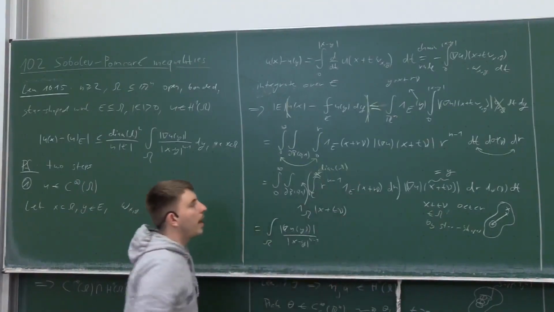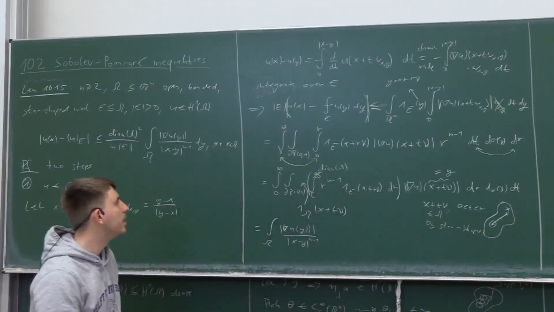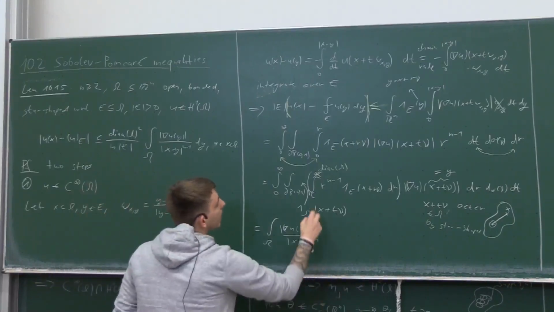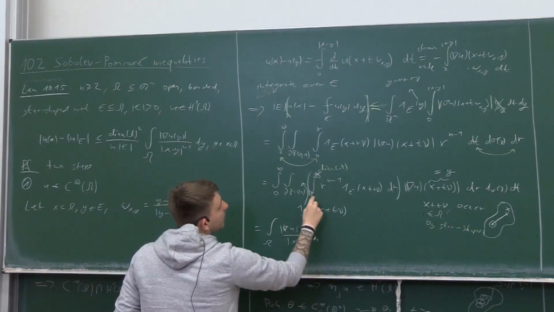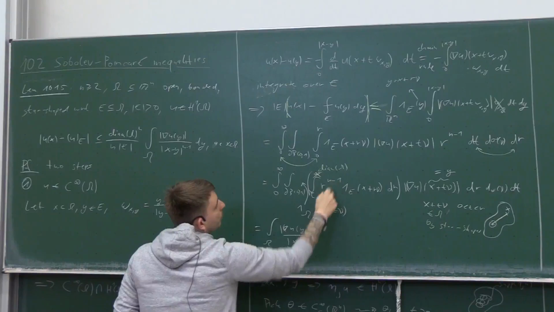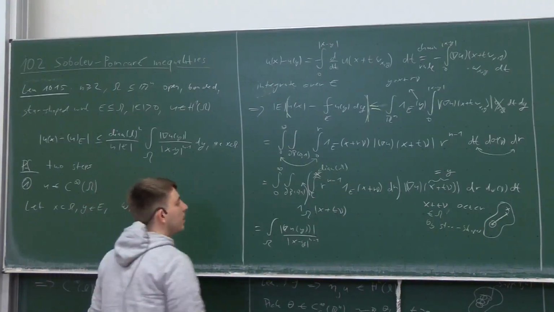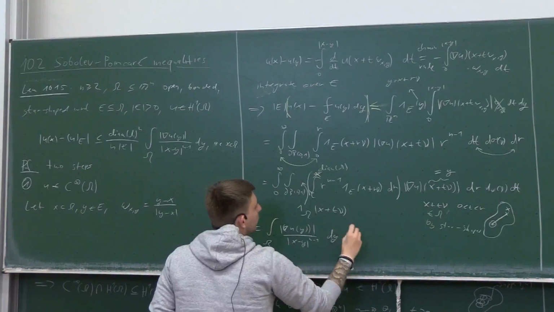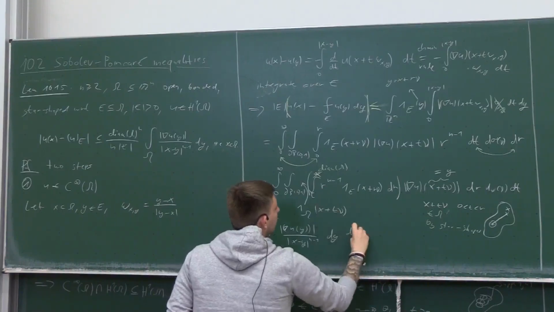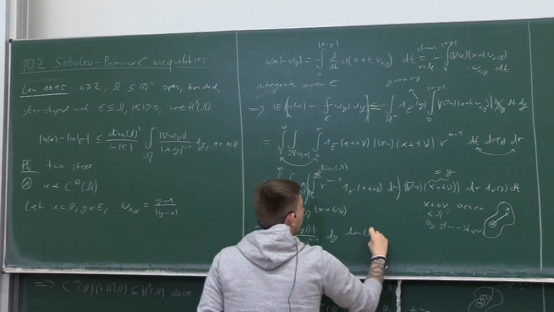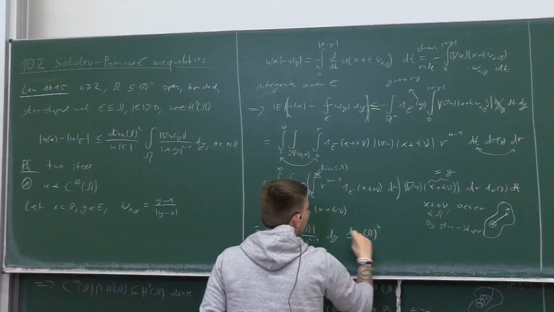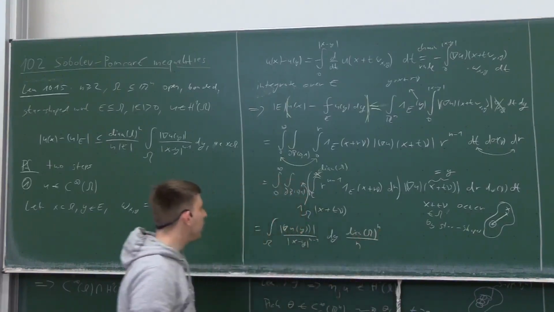And this integral I have to calculate. But it's easy to calculate. Yeah, I can in particular integrate from 0 to diameter of omega. I know what the antiderivative of this function is. So this will just give me diameter of omega to the n over n.